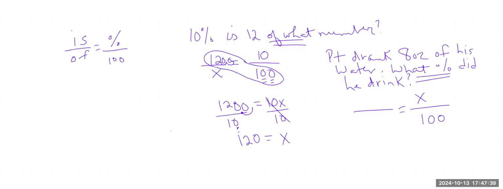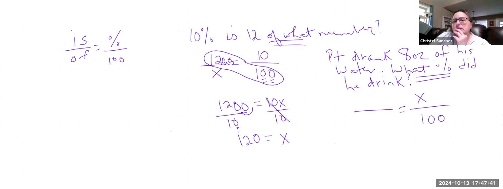Let's see. Patient drank 8 ounces of his, let's say, 12-ounce water. Okay. So what percentage did he drink? So the of is what? 12. And then the only thing that's left is the is. So it's going to be our 8. Does that make sense?